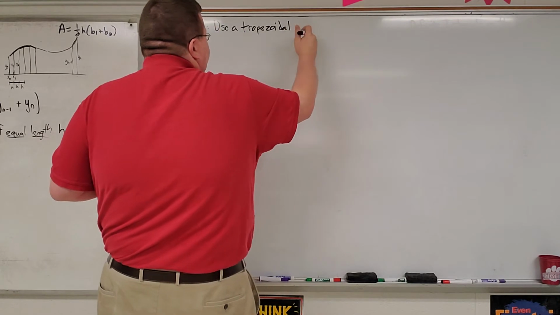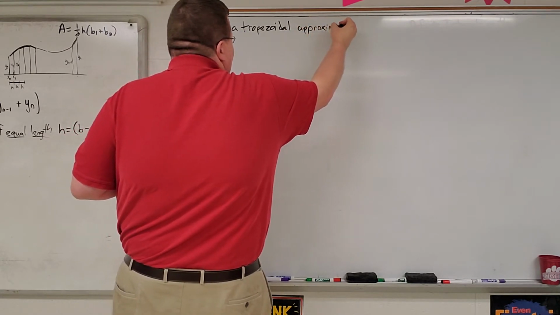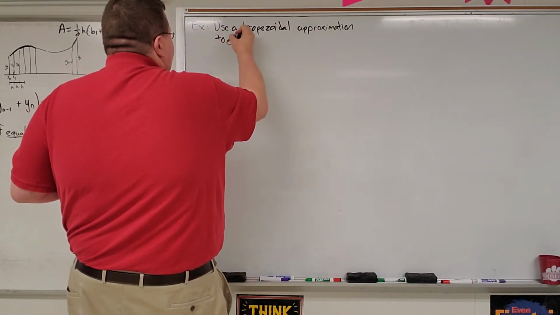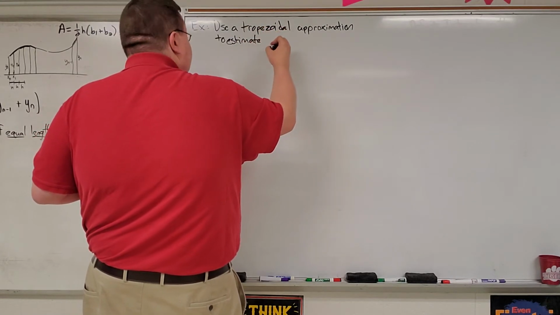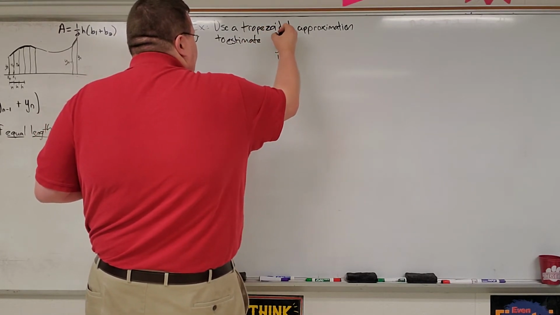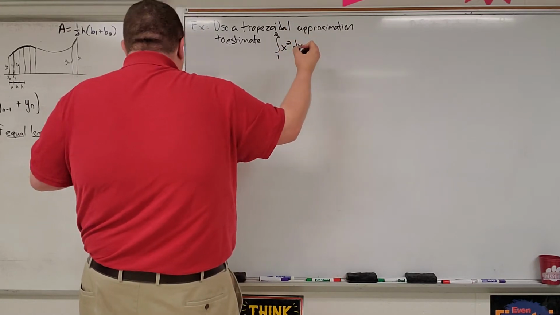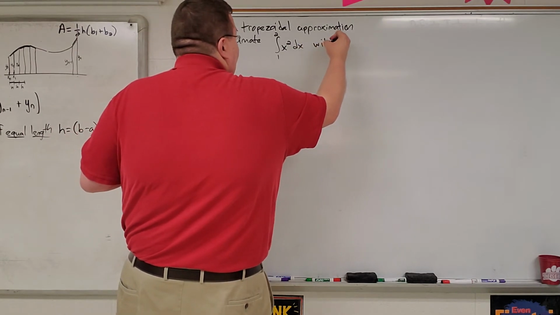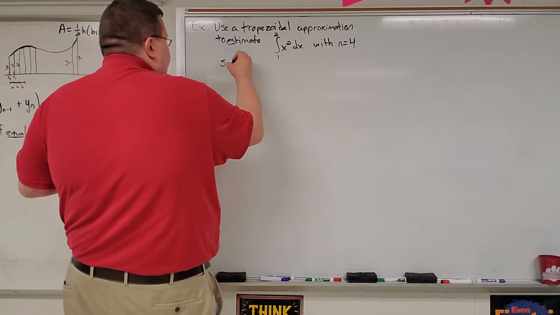Let's use a trapezoidal approximation to estimate the integral from 1 to 2 of x squared dx with n equals 4 subintervals.